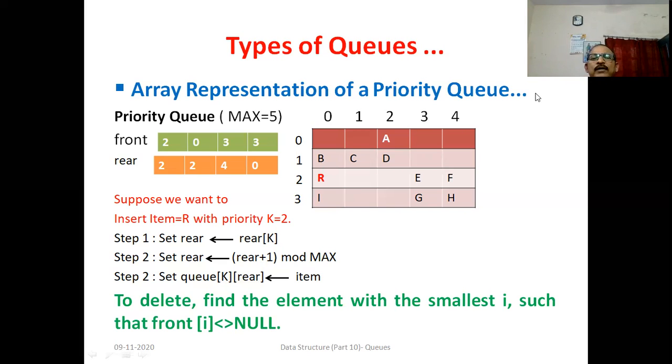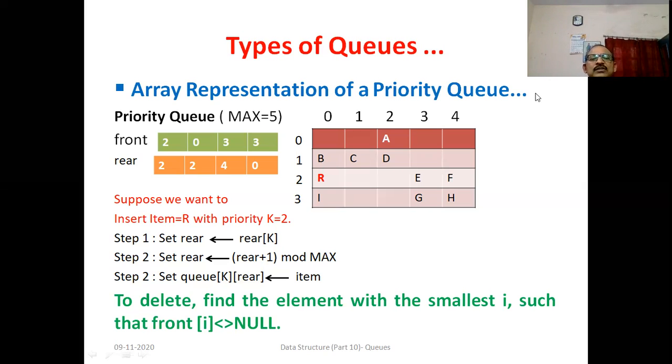For Q1, you simply go to front 1 and rear 1. What is front 1? You can see the front value is 0. And what is rear 1? The rear 1 value is 2. It means for Q1, front is pointing at location 0 and rear is pointing at location 2. Is it clear?